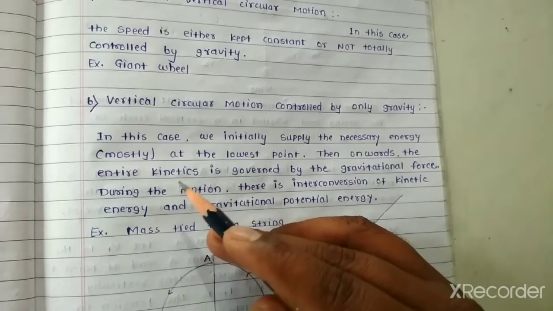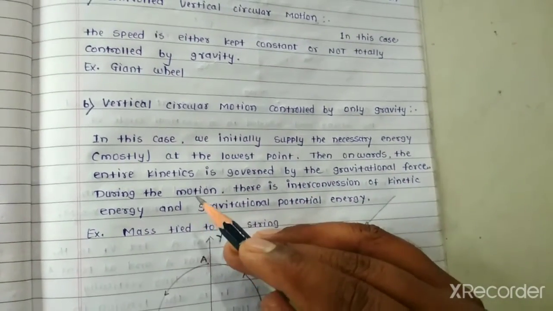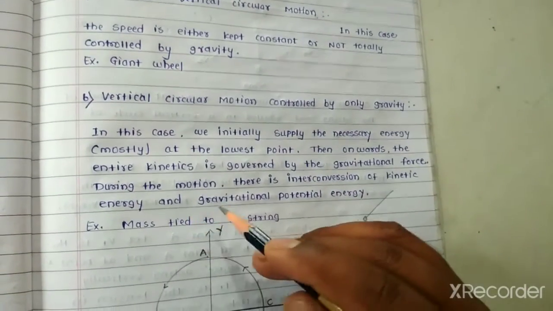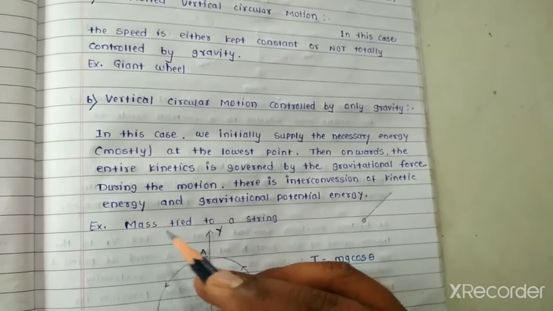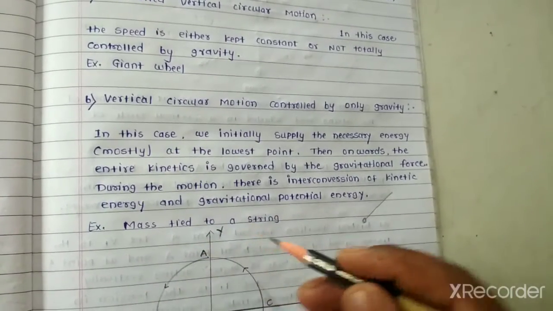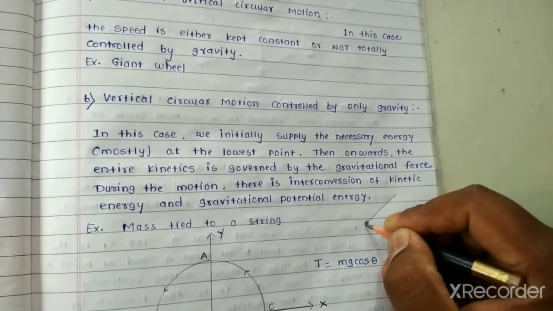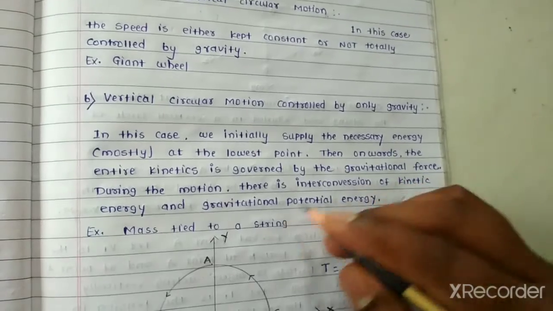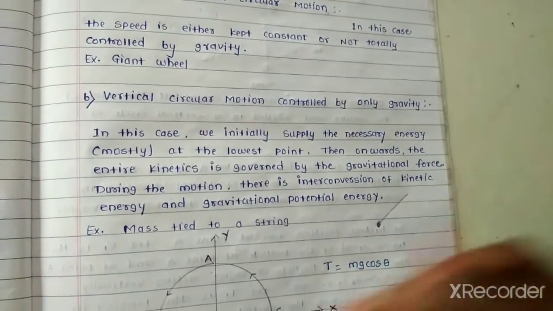Then onwards the entire motion is governed by the gravitational force, and during the motion there is an interconversion of kinetic energy and gravitational potential energy. The example is a mass tied to a string. Suppose this is the string, and if we tie the mass here and rotate like this, there is an interconversion of kinetic energy and gravitational potential energy.